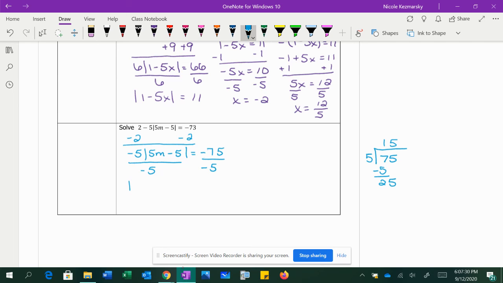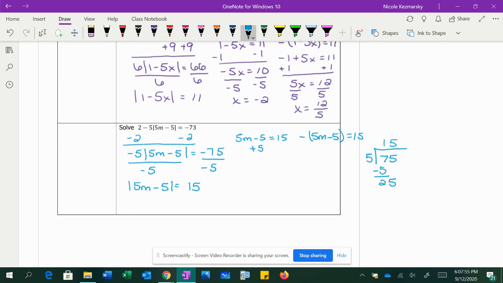So I'm going to have absolute value of 5m minus 5 equals 15. And I'll set up my two equations. So I'll say 5m minus 5 equals 15. And I'll say negative parentheses 5m minus 5 equals 15.